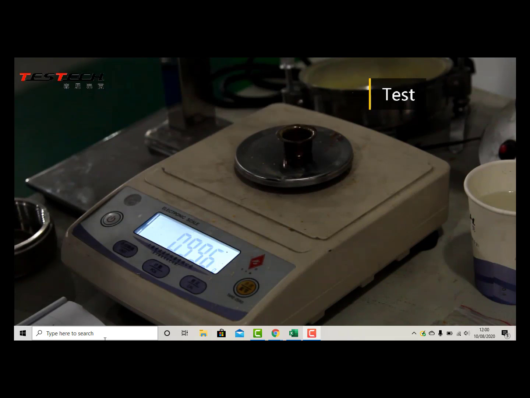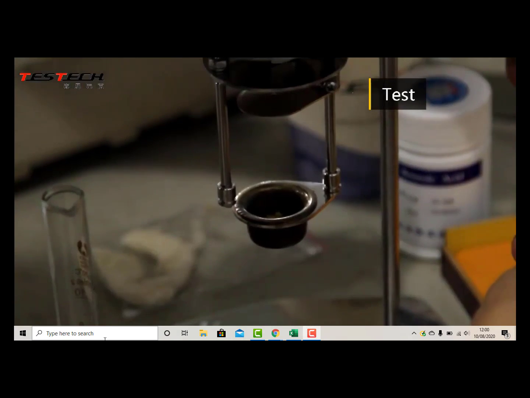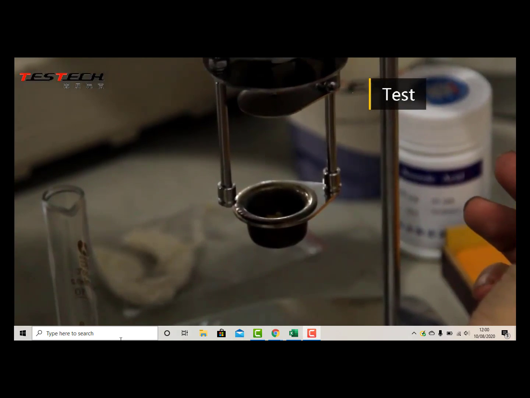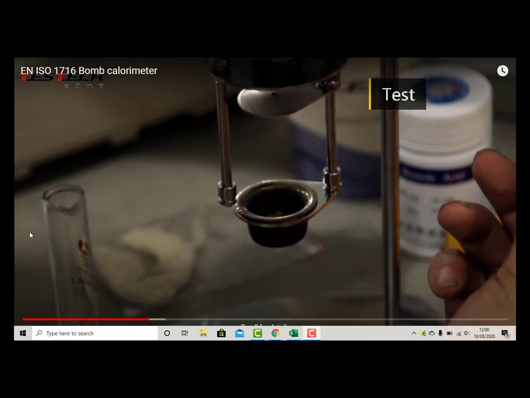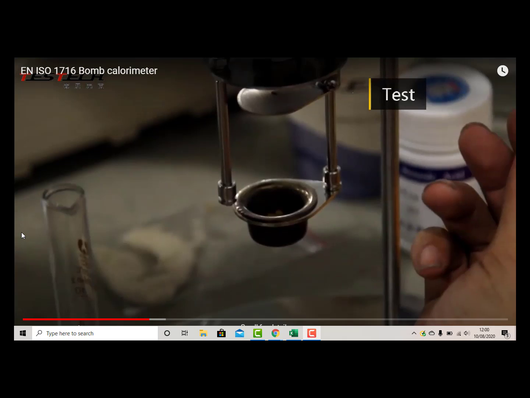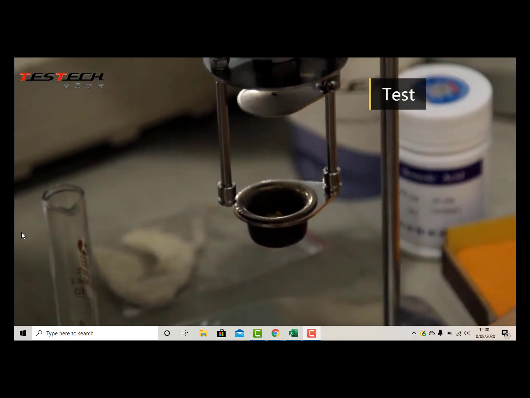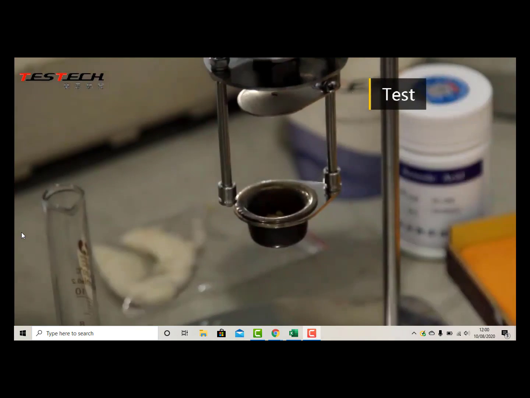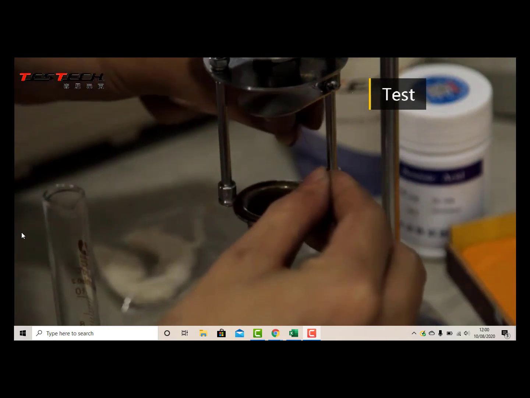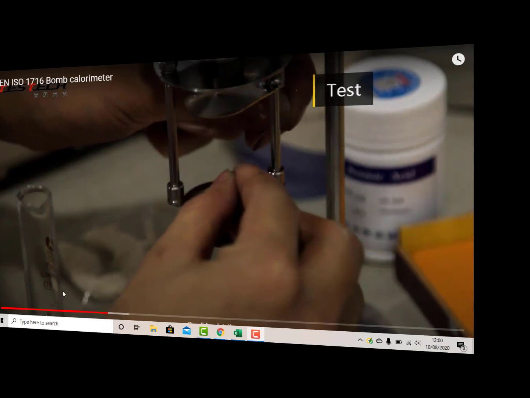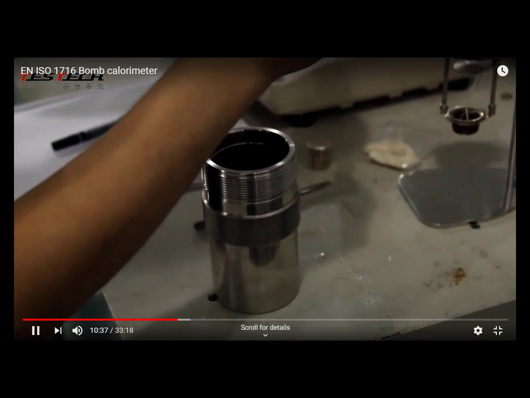This is the gross calorific value test, where in this case 1 gram of the ground up sample had been measured and placed in a crucible. And within the crucible you will see a firing wire being applied. There it goes. And that's effectively the fuse line, so to speak.